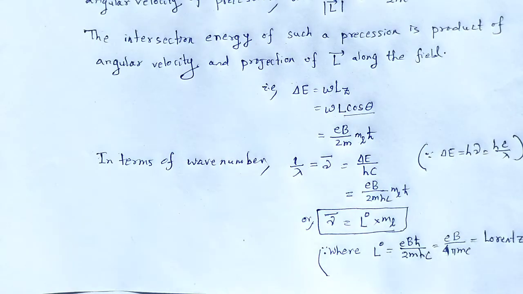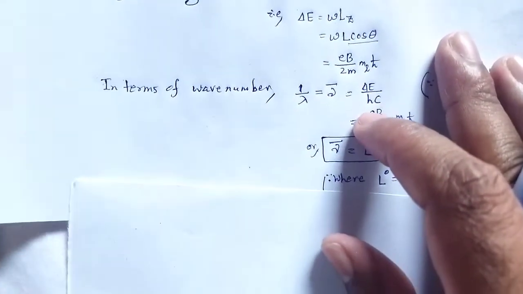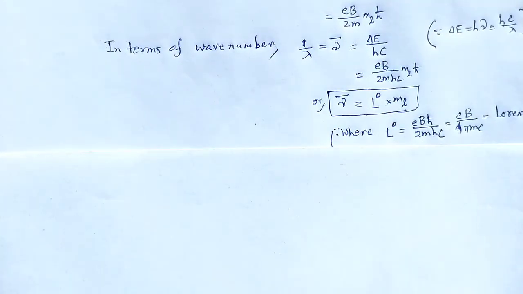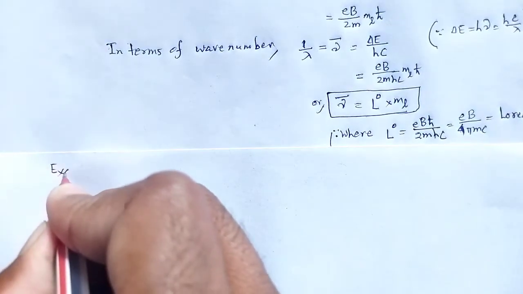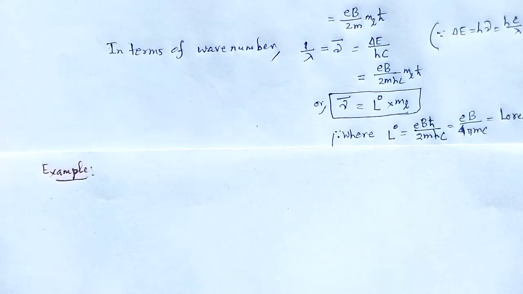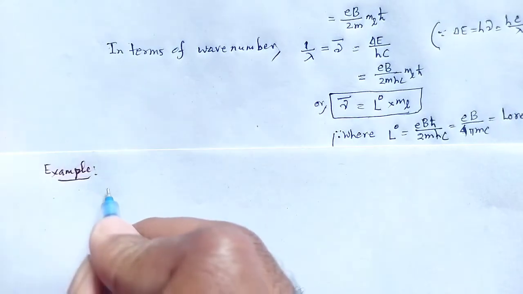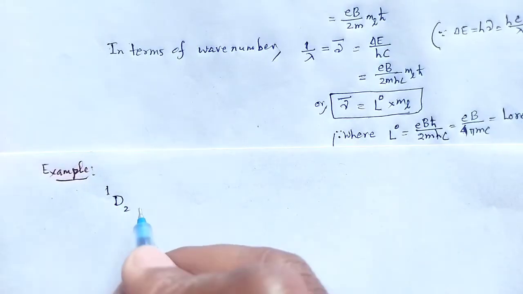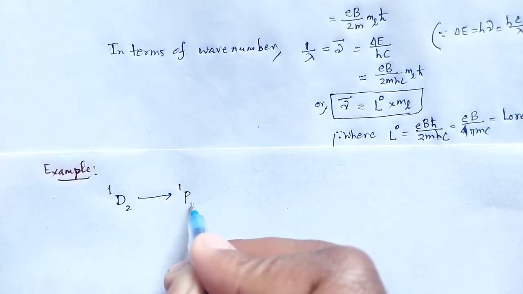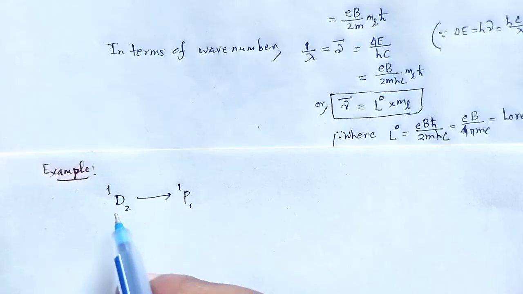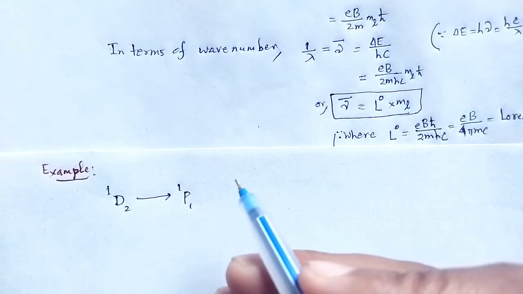Now taking an example to explain how the transitions are carried out. Let me consider the transition of 1D2 to 1P1.